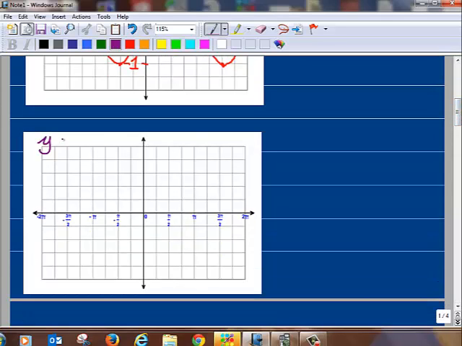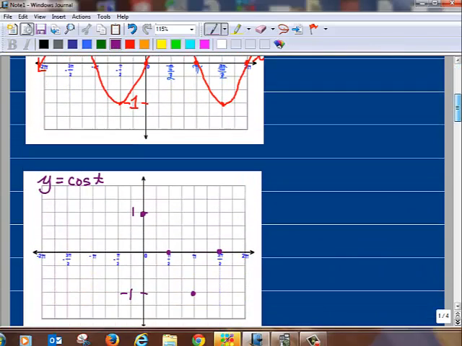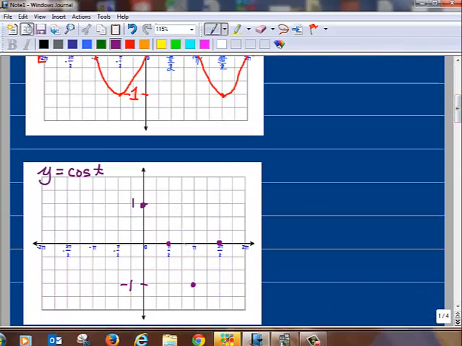So I have y equals the cosine of t, and I'll use positive 1 here and negative 1 here. The cosine of 0 is 1. Again, I'm referring to the chart, which is no longer on the screen. I'm going to plot these points. The cosine of pi over 2 is 0.